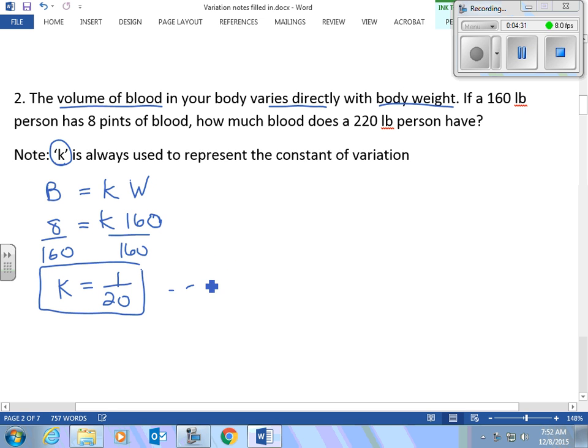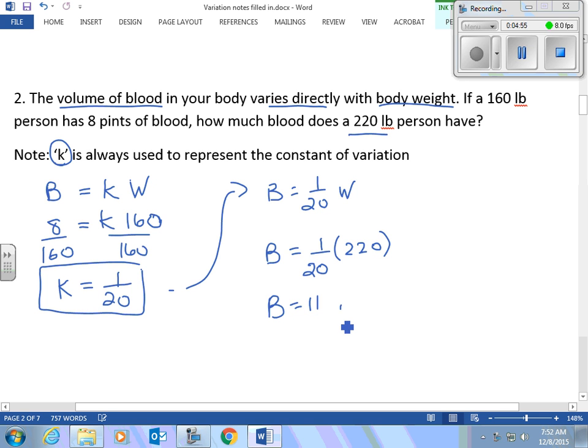Our formula then becomes B equals 1/20th W. Now we can answer the question, which is how much blood does a 220-pound person have? We've been given the 220 pounds, so the volume of blood is 1/20th of 220, so B equals 11 pints of blood.